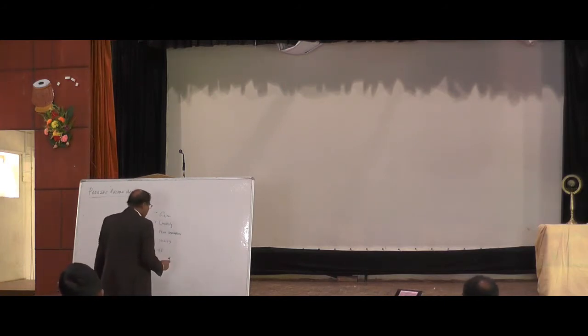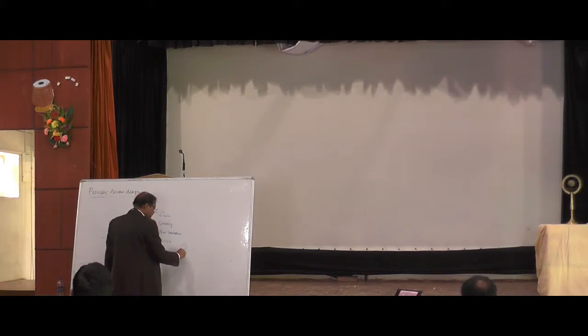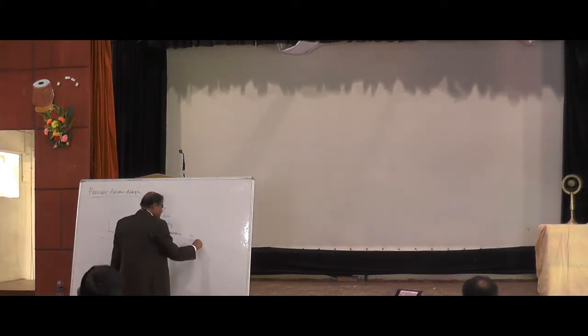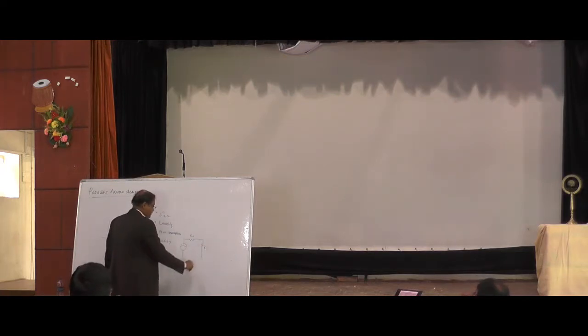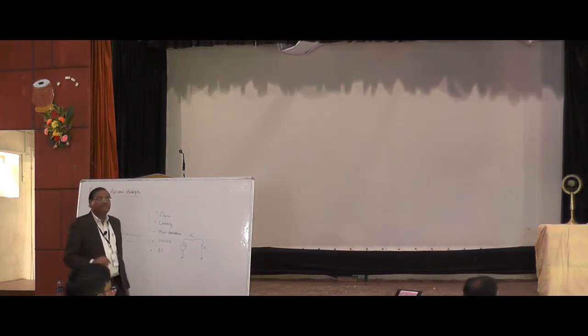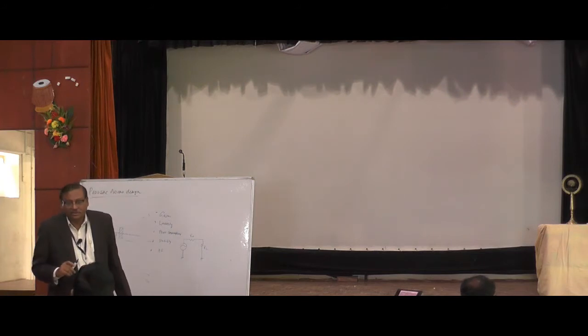Again, I am going back to a simple thing. Suppose this is a source and there is a resistance R. It is the source resistance and that is the load resistance. The condition for maximum power transfer tells us that R_S is equal to R_L.